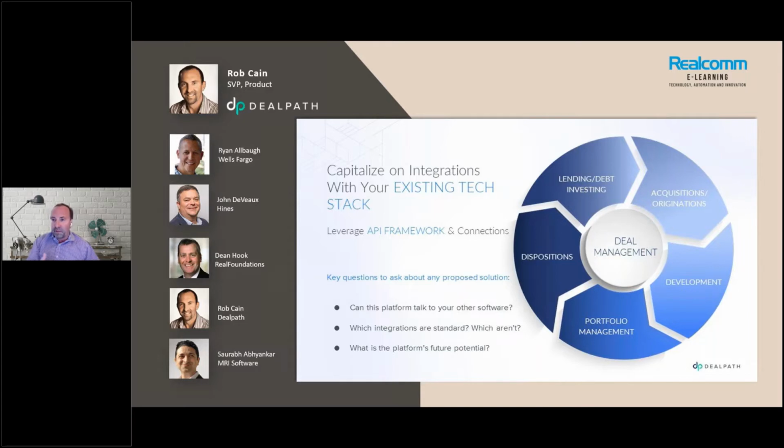It has to be fully interoperable with the rest of the enterprise tech stack, the rest of their technology ecosystem. So there are some key questions that our customers ask when they're looking at Dealpath as a solution. Number one is, does the platform talk to other software? Can it integrate? Is there a robust set of APIs that allow for data to move back and forth? Is the information scalable? Can it touch all the different parts of my tech stack and throughout the entire life cycle?